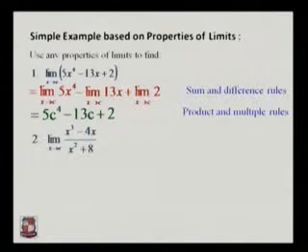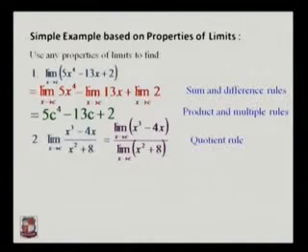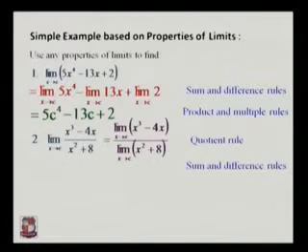The same, second example. So first we will use the quotient rule. Here it is equal to limit x tends to c x cube minus 4x upon limit x tends to c x square plus 8. Then we will use the sum and difference formula.